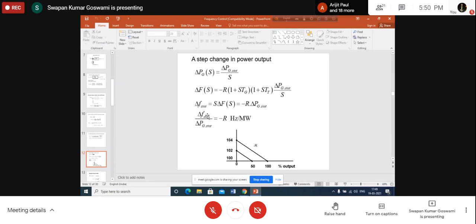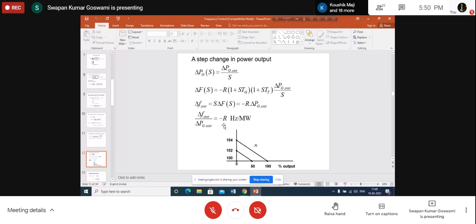If it is equal to full load capacity, then what will delta F represent? Delta F will represent how much the frequency changes if power output is changed from no load to full load.